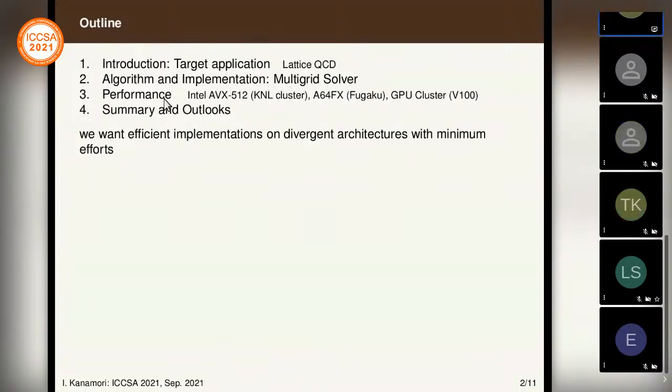And then I will show you the benchmark result on Intel SIMD architectures and A64FX and GPU clusters. Our development policy is that we want efficient implementations on divergent architectures like this with minimum effort.